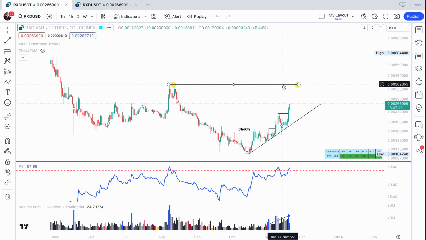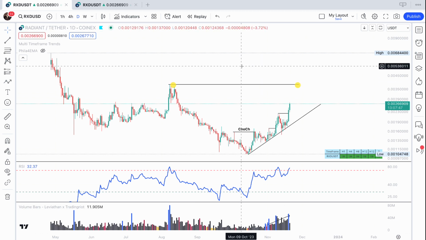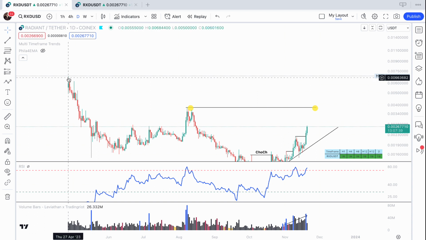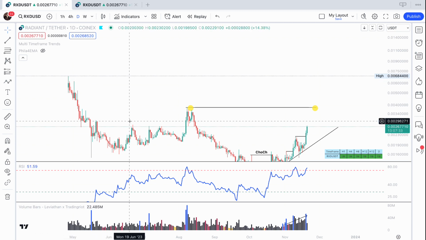So this is where I would set the first take profit, and the second take profit I would set, for example, at the previous high, at the all-time high at 0.00685.